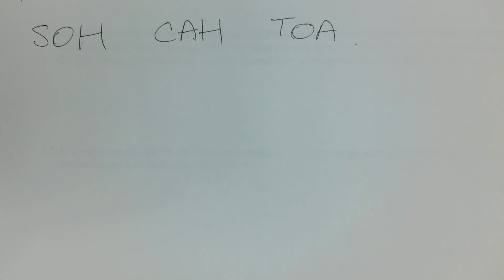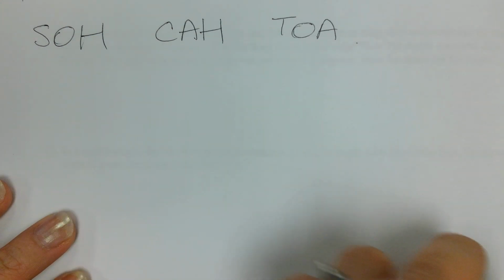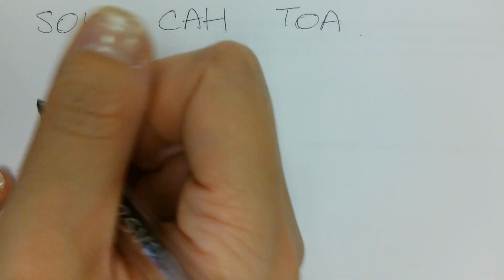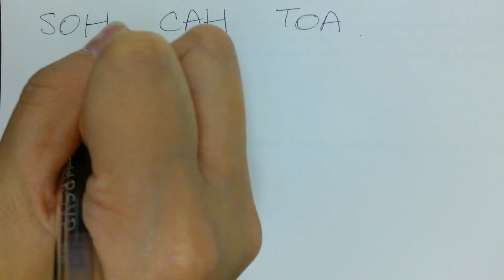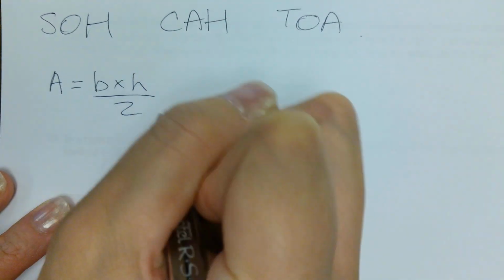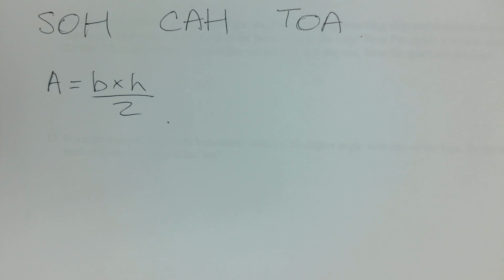What else? I think we covered everything. Area of a triangle. What's the formula for area of a triangle? Okay.